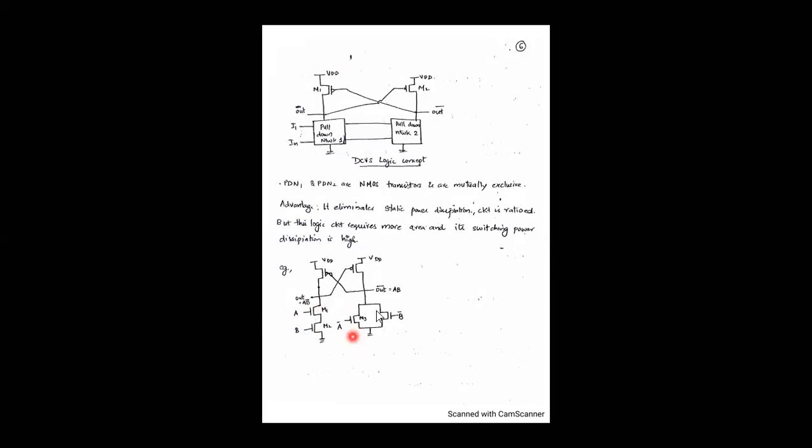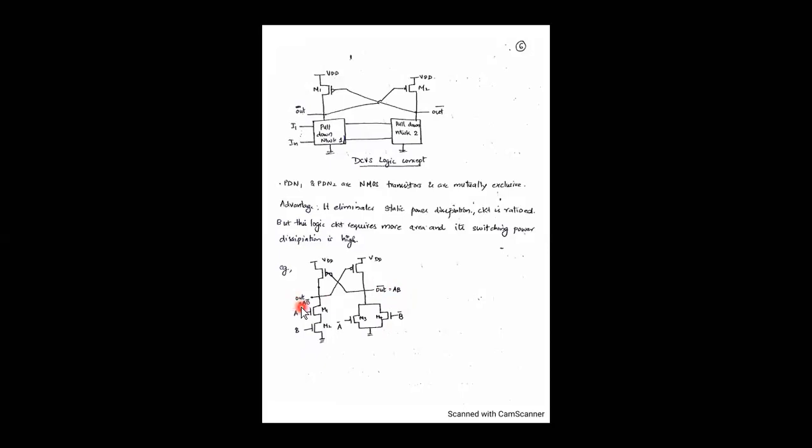Here you're providing the inputs to this section A bar and B bar, and you're constructing it as parallel. So what we get is A bar plus B bar, the whole bar, right? So that will be equal to A dot B the whole bar, and when you take the output bar of it, we will get A dot B, the whole double bar, which is equal to A dot B. That is how you arrive at this output.